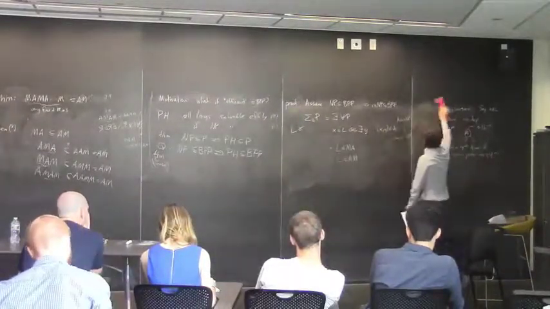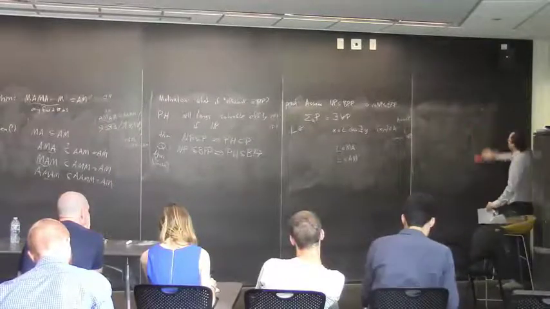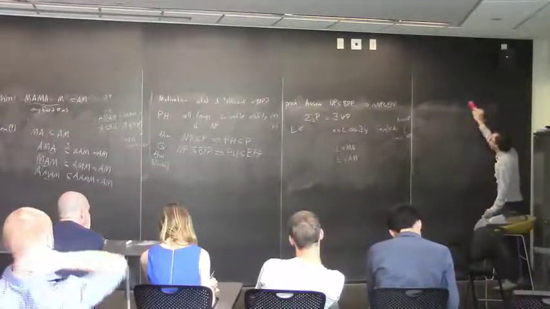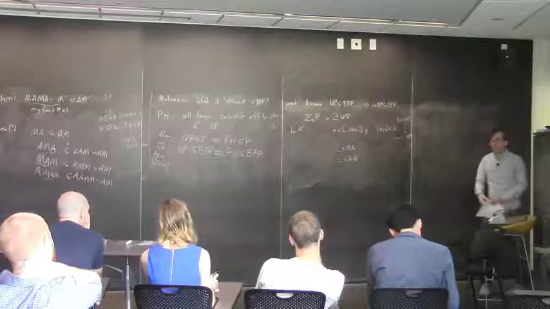Actually, our very original definition of L being in AM was that L is in AM if there's a randomized reduction to SAT.